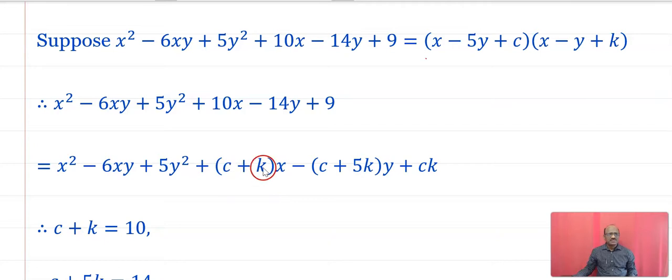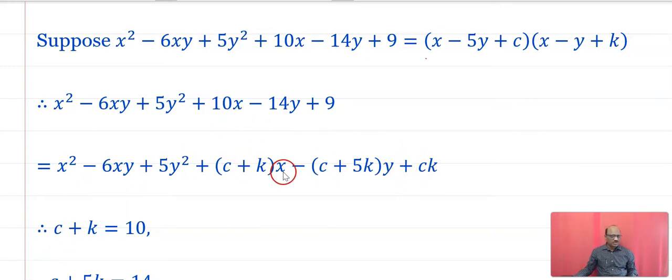That is (c + k)x − (c + 5k)y + ck. If you perform the product of these two brackets, you will get this expression. Now on this expression, that is x² − 6xy + 5y² + 10x − 14y + 9, that equals this whole term. But next, what is that? The coefficient of x.